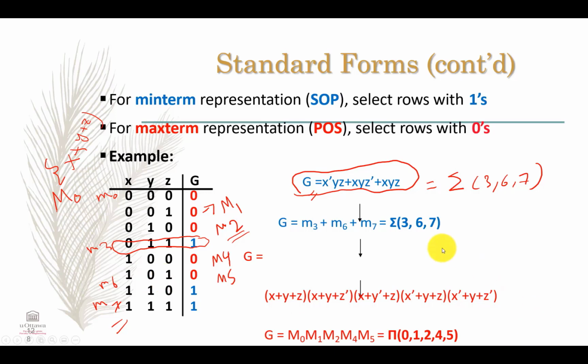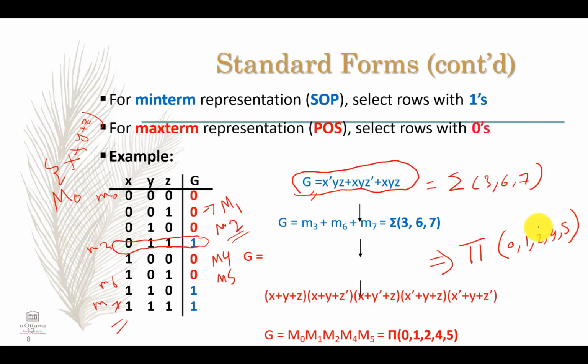So another way of writing the max term is following this symbol and then referring to the rows at which the function is equal to 0, which is at 0, 1, 2, 4, and 5.